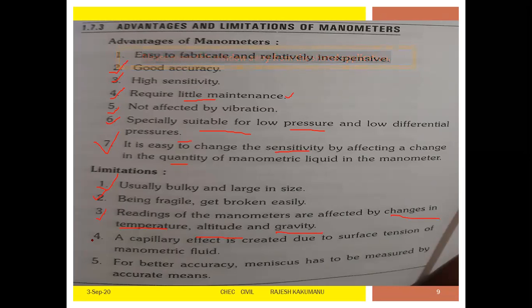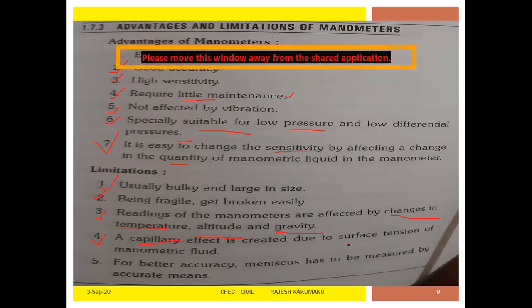Next, a capillarity effect is created due to the surface tension of the manometer fluid. Capillary effect and surface tension, these properties of fluids we have discussed in earlier classes. It can create an effect due to the surface tension in the manometer fluid. Next, for better accuracy, the meniscus has to be measured by accurate means.